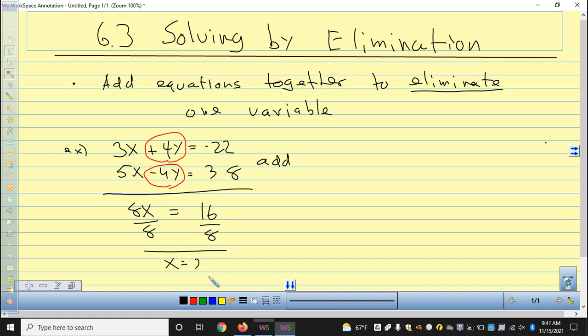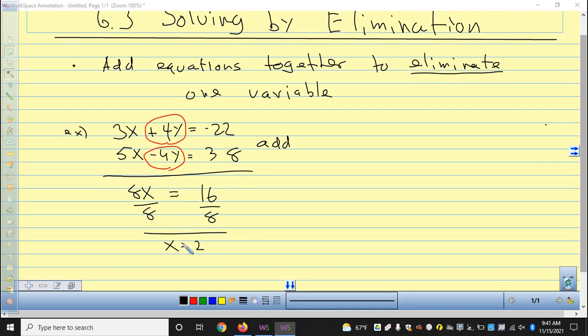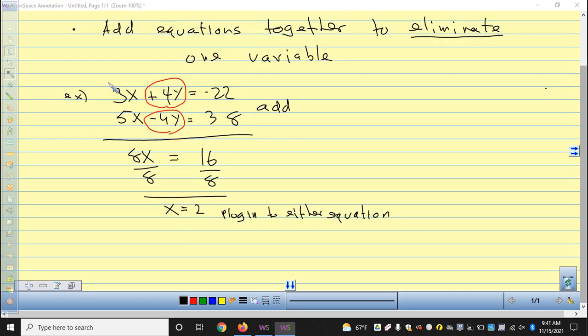This is nice. Now I can plug this in to either original equation. So I'm going to plug x in equals 2. I chose the first equation. So I'm going to plug it in right here. So I get 3 times 2 plus 4y equals negative 22.